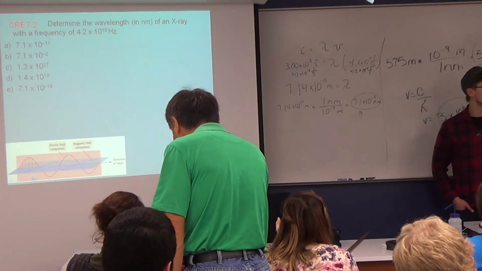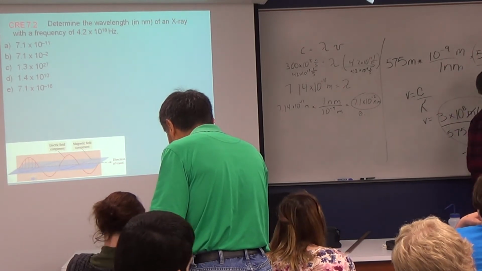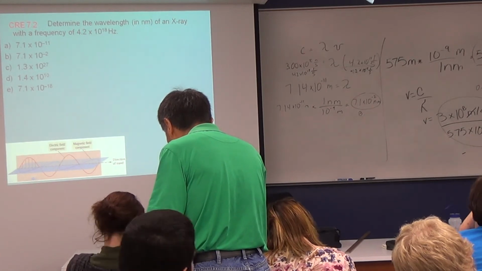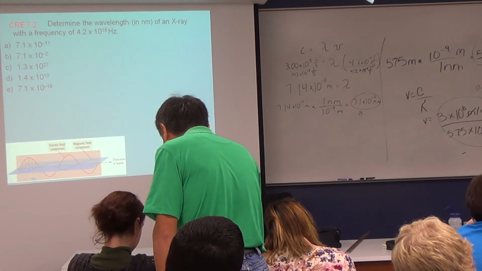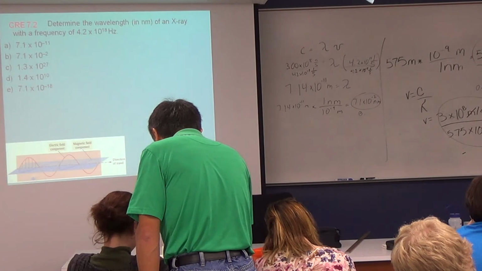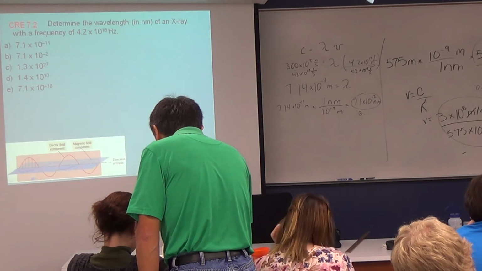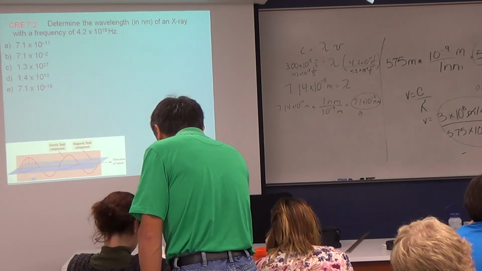I can do the whole, it's this one. 8. There's a minus 3 there. No, there's not. I think there's a space between the 10 and negative 8.